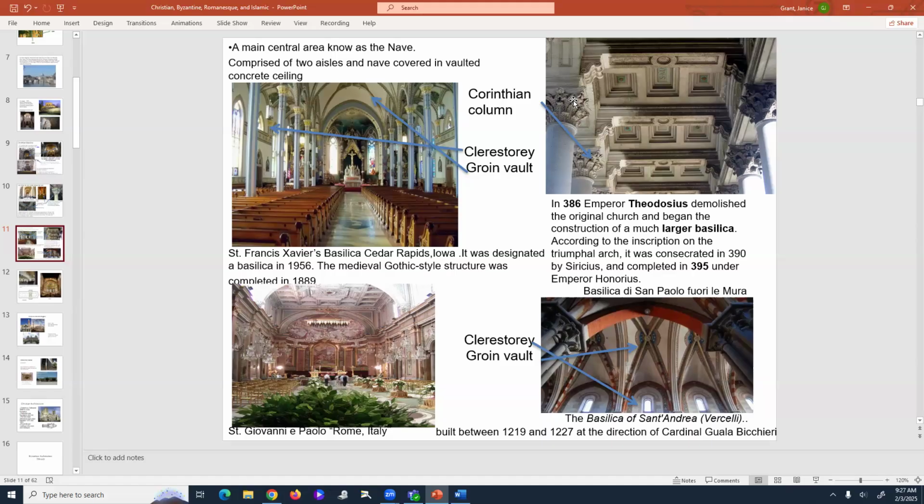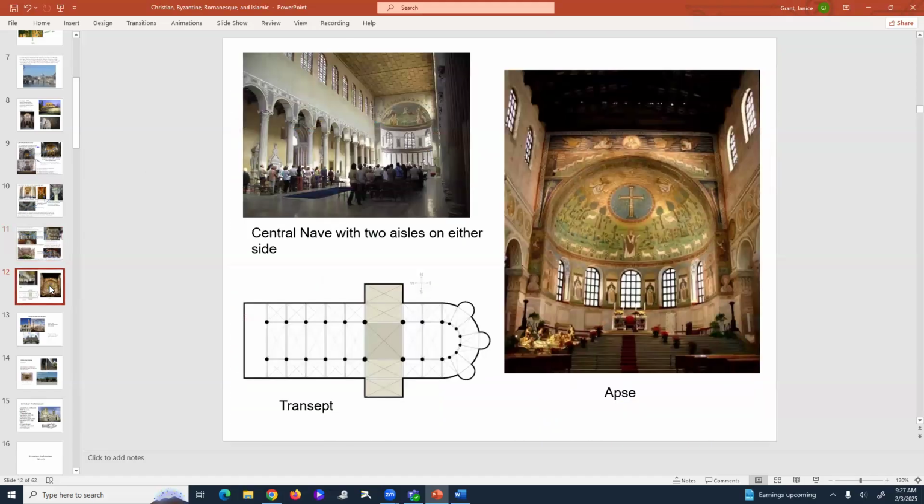But you'll see examples of the Corinthian columns here.